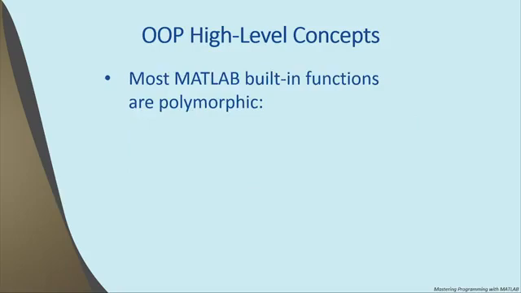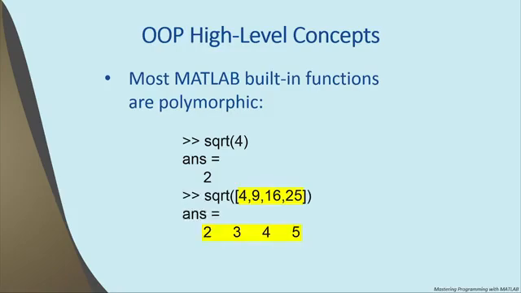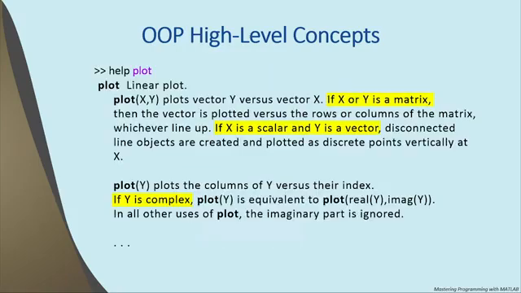As a simple example, if the square root function is given a scalar as an input, it returns a scalar as an output. But give it a vector, and its behavior changes because it returns a vector. And take a look at the help page for the plot function sometime. Its polymorphism is really quite intricate.